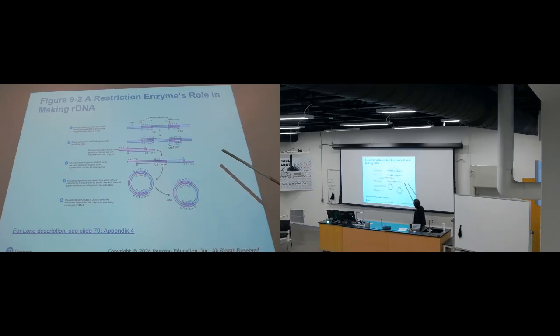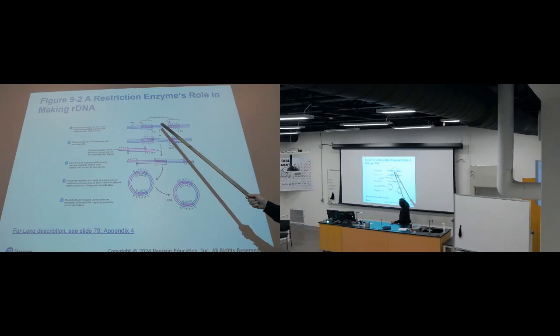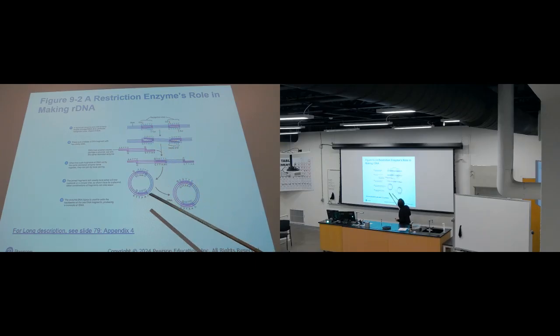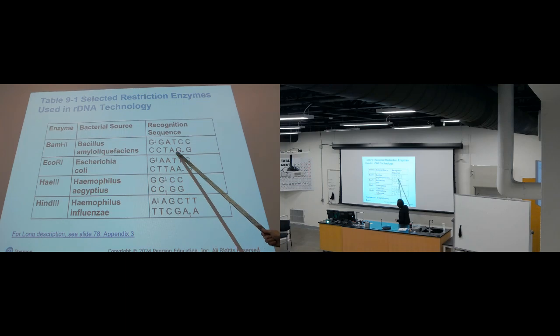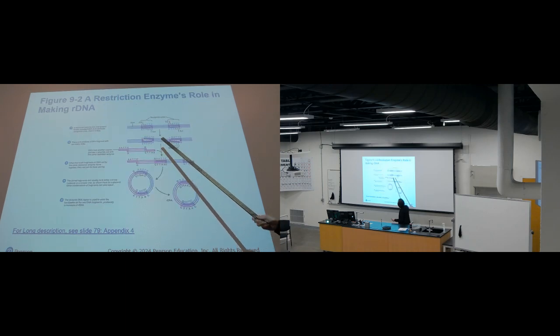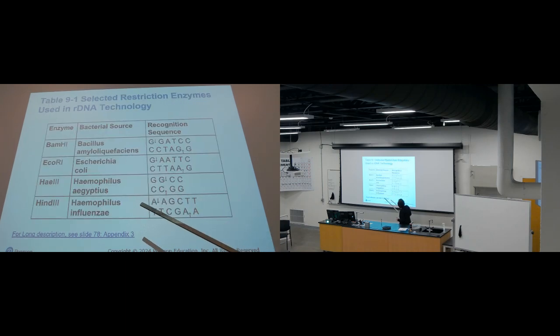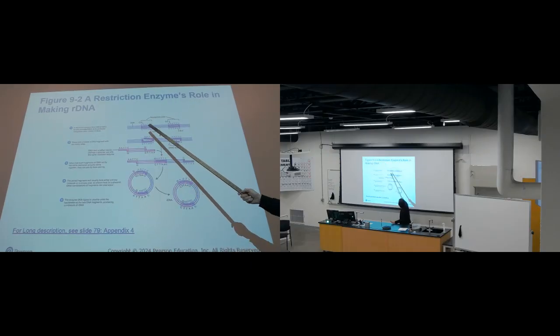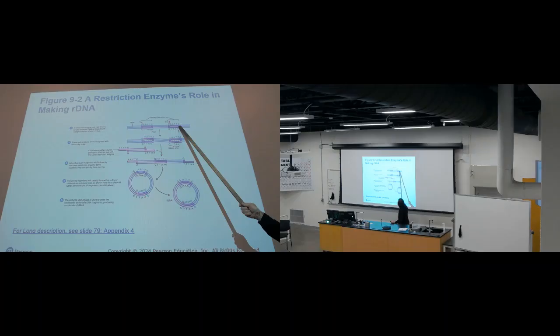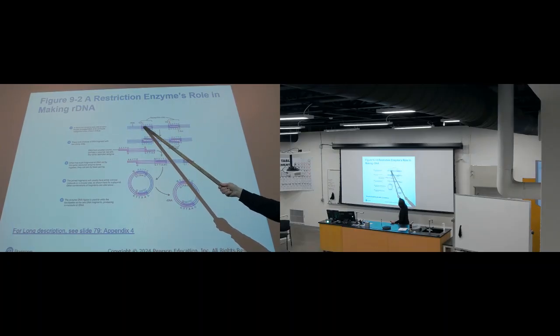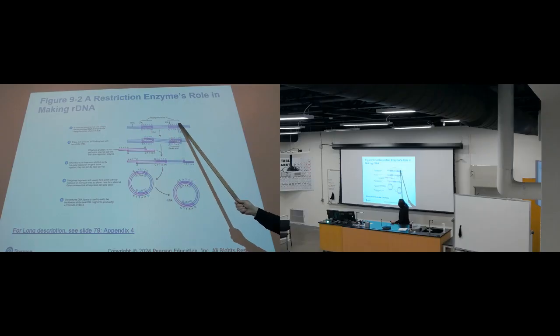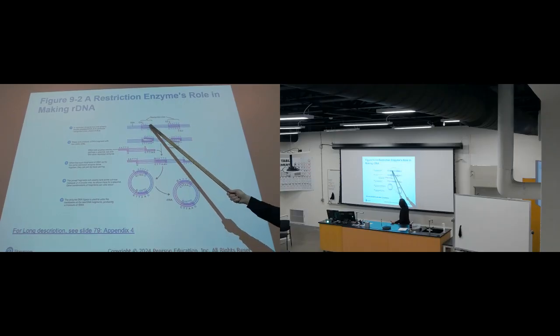So here we have an example of how some enzymes can work. Let's see, which one is this? This is BamH1. No, it's EcoR1. In this case, we have this double-stranded DNA with GAATTC in here, and the palindrome in this other strand, of course, as you expect.